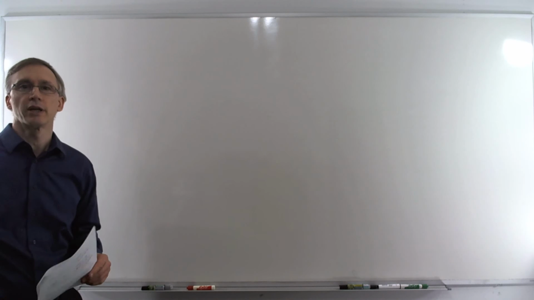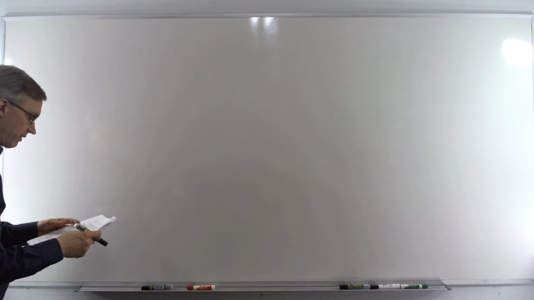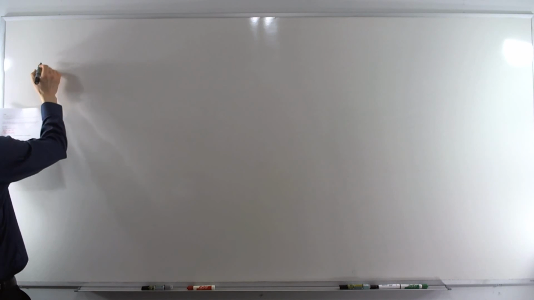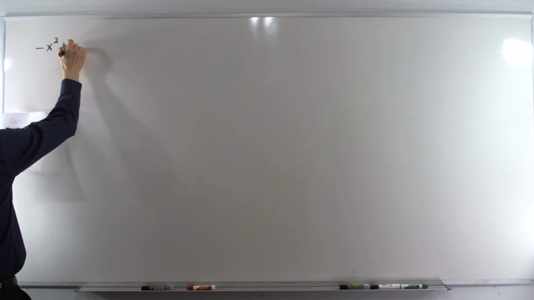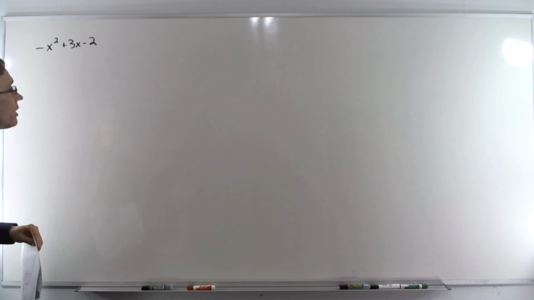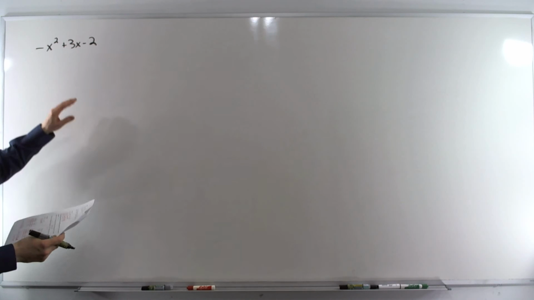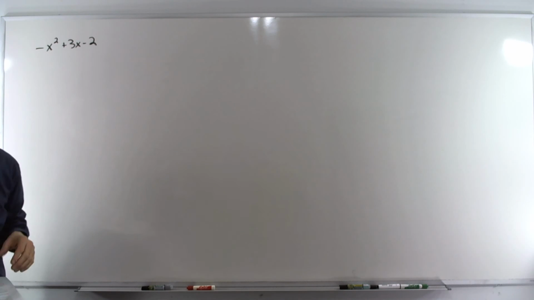Trinomials can be a lot trickier to factor if the x squared term is negative. So we can factor that out and turn it positive. We got x squared plus 3x minus 2. If we factor out a negative 1 from that trinomial, it has the effect of changing the sign on each term.